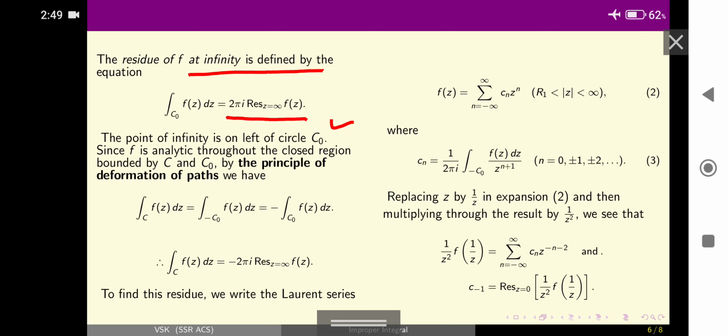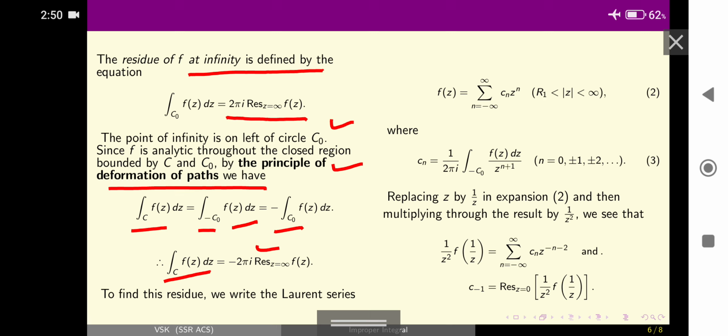Since f is analytic throughout the closed region bounded by C and C0, by the principle of deformation of path, we have integration of f(z) over C is the same as integration of f(z) dz over minus C0, and this is the same as minus the integration of f(z) dz over C0. Therefore, integration of f(z) over C will be equal to minus 2 pi i times the residue at z equal to infinity of f(z).